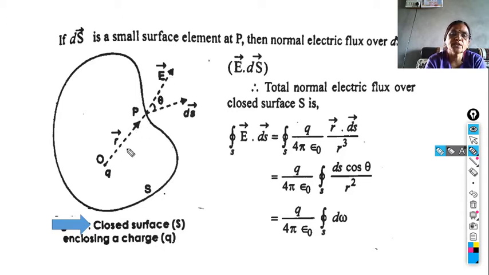Since this point P is on the enclosed surface S, the distance OP bar from charge Q to this point on the surface is R bar.